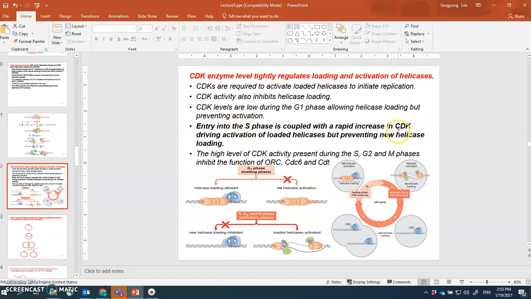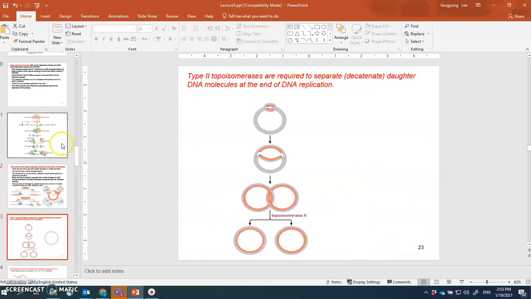Once it's loaded and activated, there's no more helicase loaded on the replication fork. The high level of CDK activity during the S, G2, and M phases inhibits the function of ORC, CDC6, and CDT1. So there is highly orchestrated regulation.